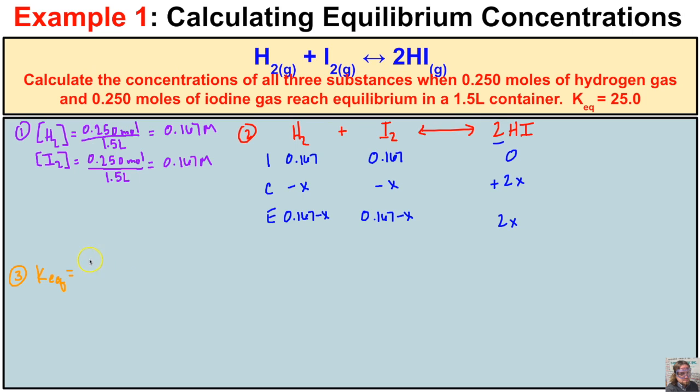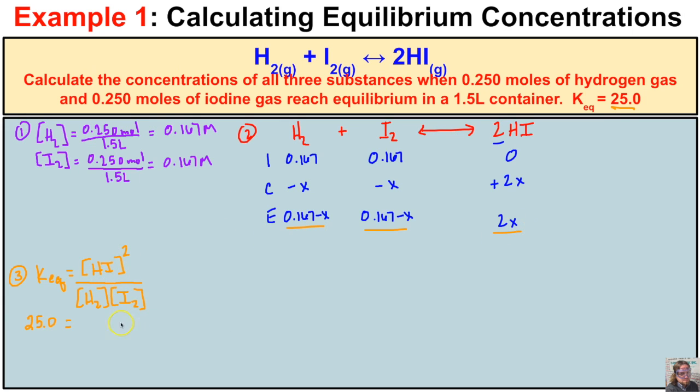And so we have the concentration of HI squared, because of the coefficient of 2 here, divided by the concentration of H2 times the concentration of I2. And so we can just simply plug in these equilibrium concentrations now and figure out our answer. So it tells us KEQ is 25.0. So we'll put that right here. 25.0 is going to equal the concentration of HI.